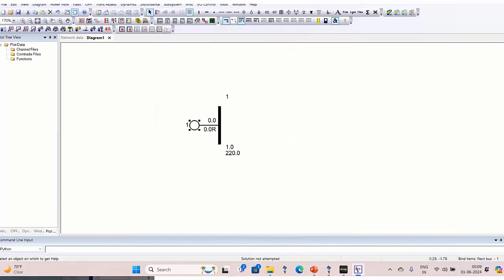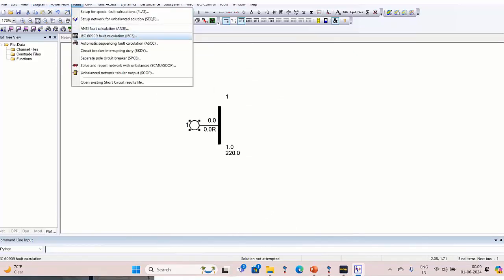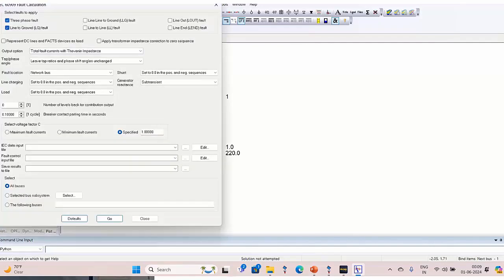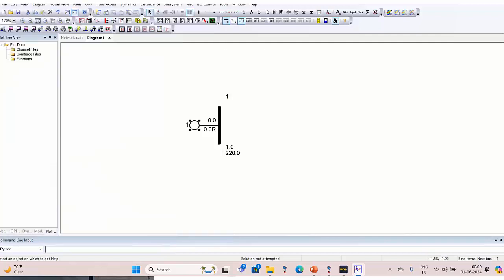So now run this short circuit. Three-phase and single line to ground fault running on all the buses. In fact, only one bus I have. Close this. View the output.